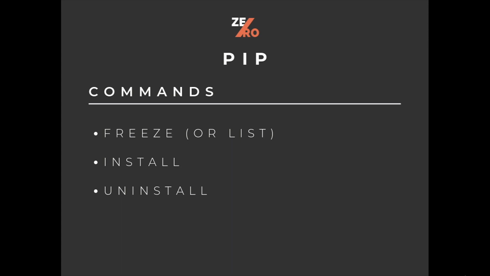Now, there's an alternative which is yung pip list. Pero for the most part, yung pip freeze pa rin yung pinaka-preferred. I'll show you yung difference later on once we go and try out yung mga different pip commands. Now, the last two are quite straightforward. Pip install to install a package and then pip uninstall to uninstall a package.